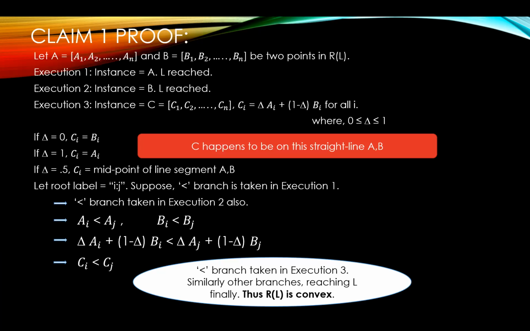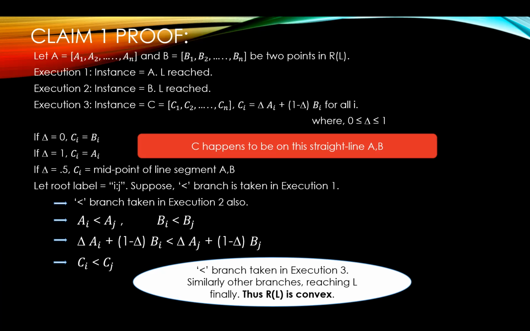So now we'll prove our first claim, R of L is connected. Let A and B be 2 points in R of L. I will consider 3 executions. In execution 1, the instance is A, so by definition, L is reached. In execution 2, the instance is B, so by definition, L is reached.